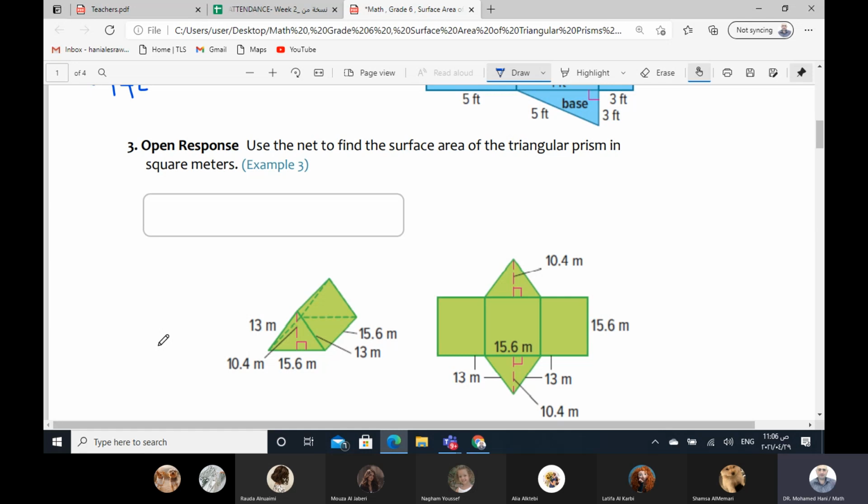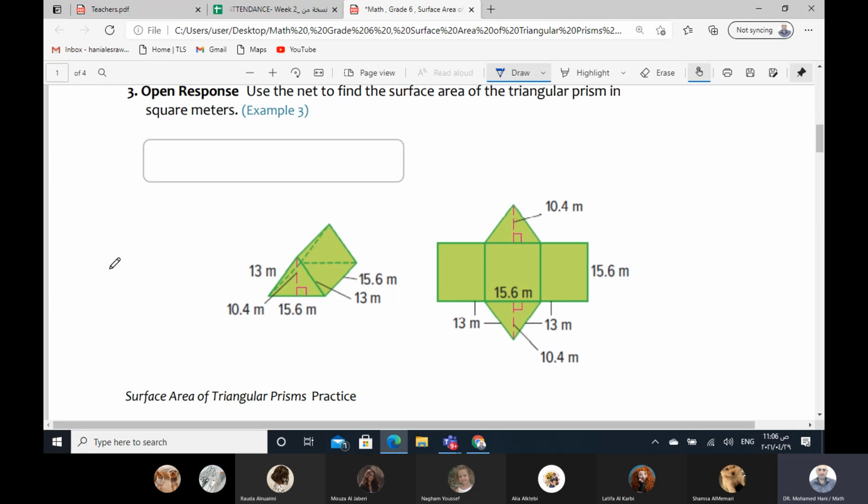Use the net to find the surface area of the triangular prism in square meters. The same idea here. We want to find the surface area. Start from the base. We have here a triangle, and here we have a congruent triangle. Means we have two congruent areas. So multiply here by 2.